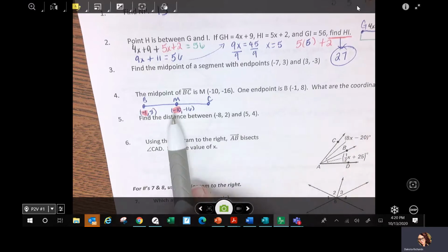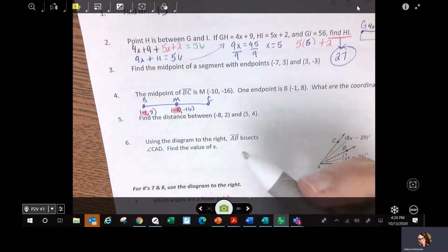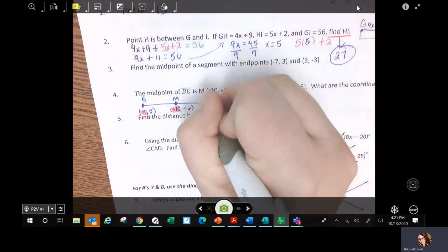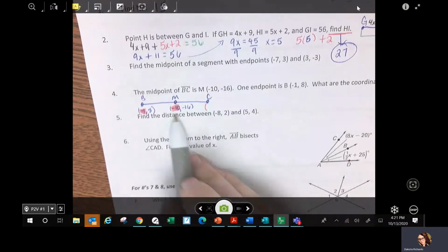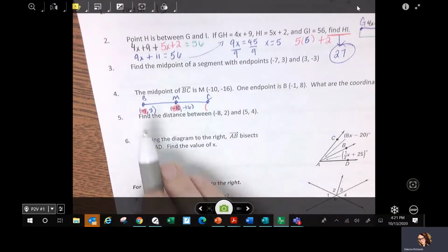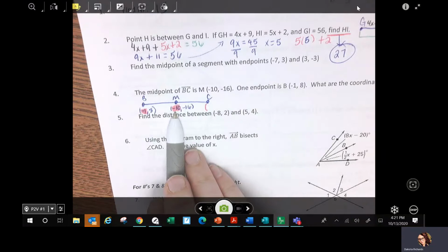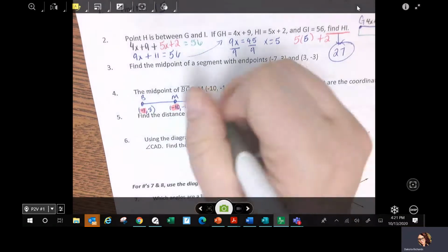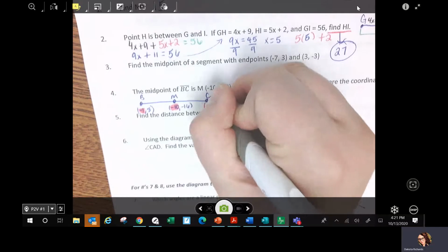Just think about, how did I get from -10 to -1? All right, so you are going to do the opposite to get to the other endpoint. If you added 9 to get to that endpoint, you are going to subtract 9 to get to the other endpoint. So -10 minus 9 is -19.